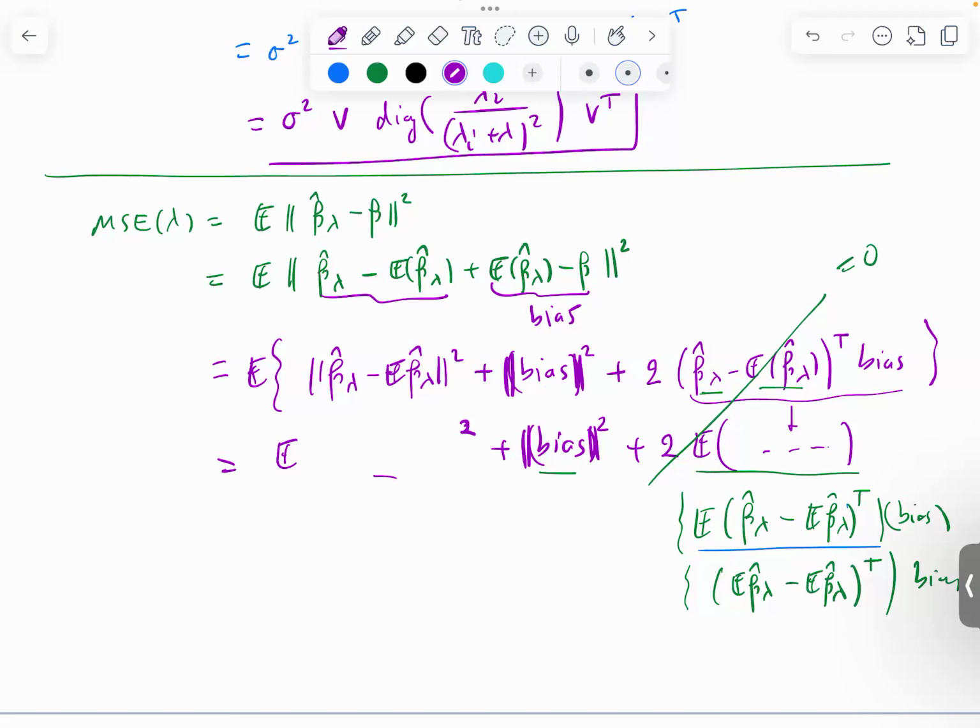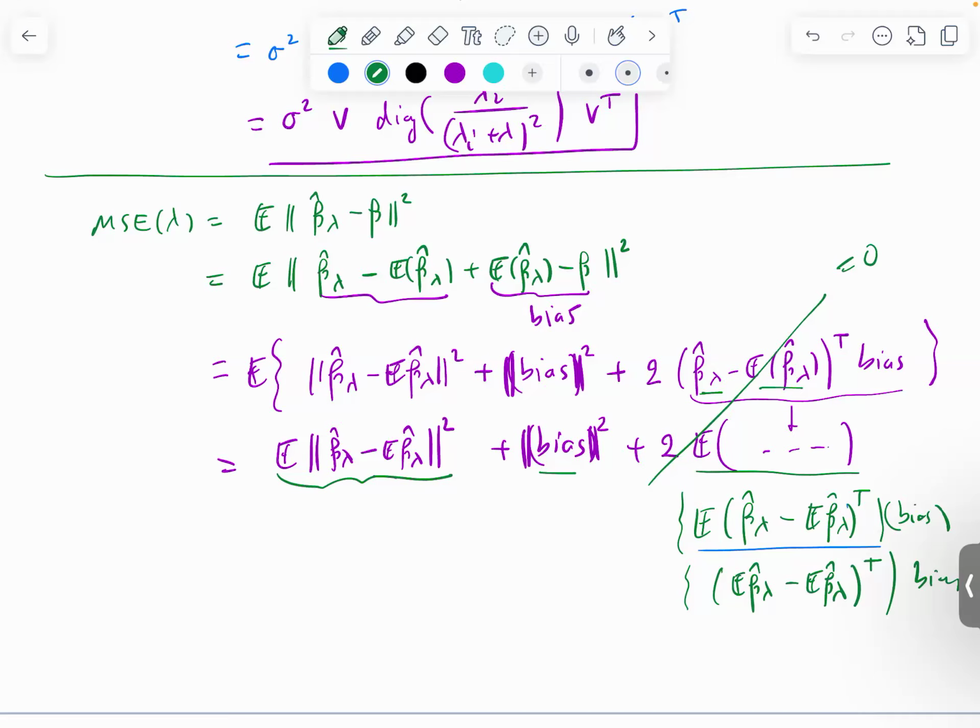This would be norm beta hat lambda minus the expectation of beta hat lambda, norm squared. So this term is a notion of a variance. It's actually the sum of the variances. So I want to simplify this a little bit, or connect it to the covariance of beta hat lambda. It can be computed based on the covariance.